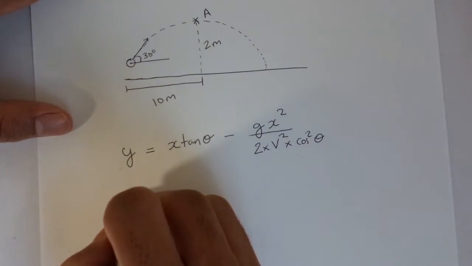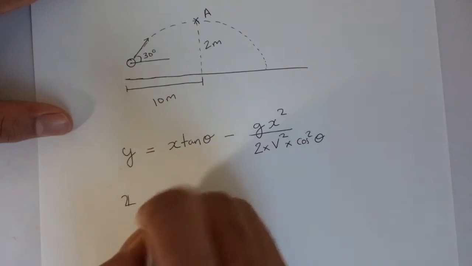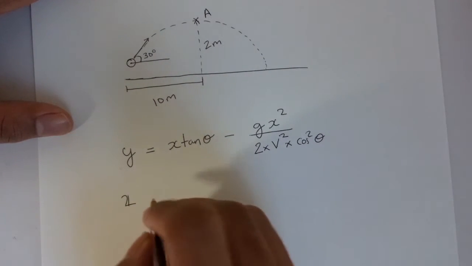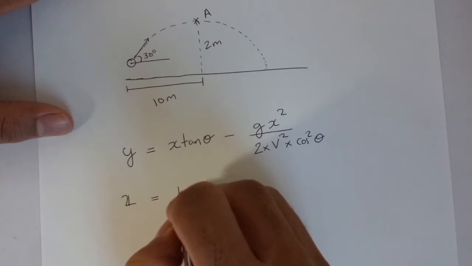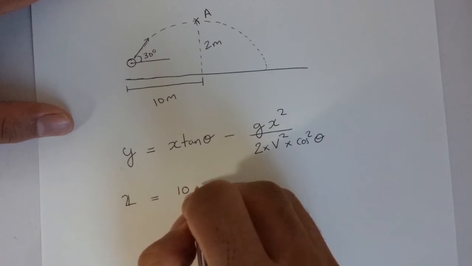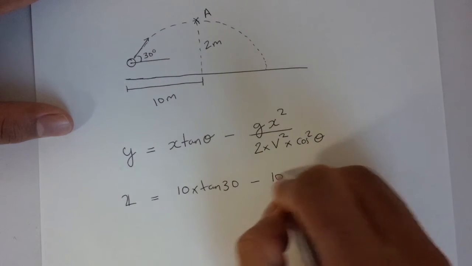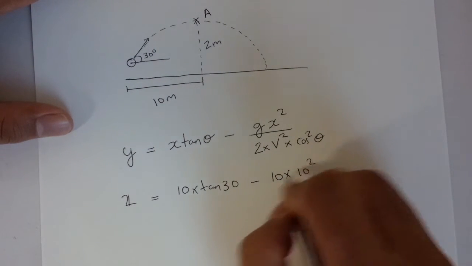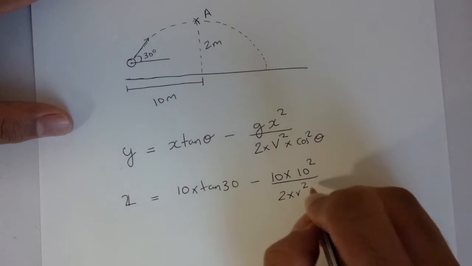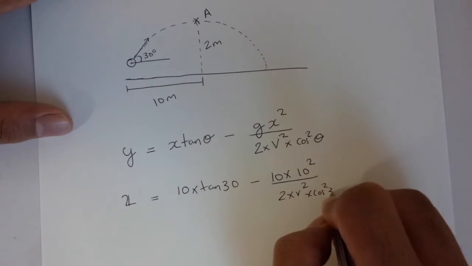Let's do that. 2 is equal to 10 into tan 30 minus 10 into 10 square upon 2 into v square into cos 30 whole square.